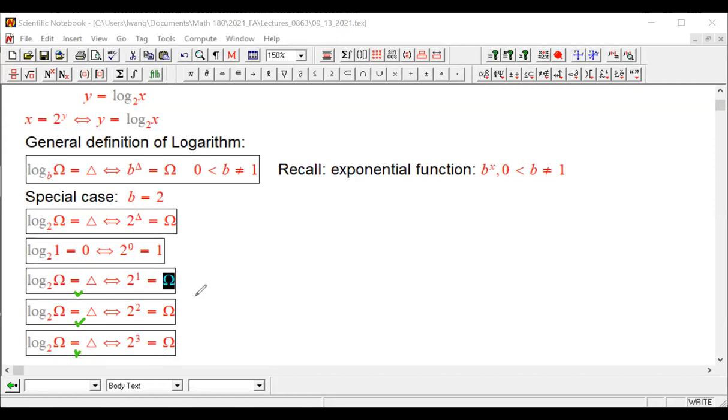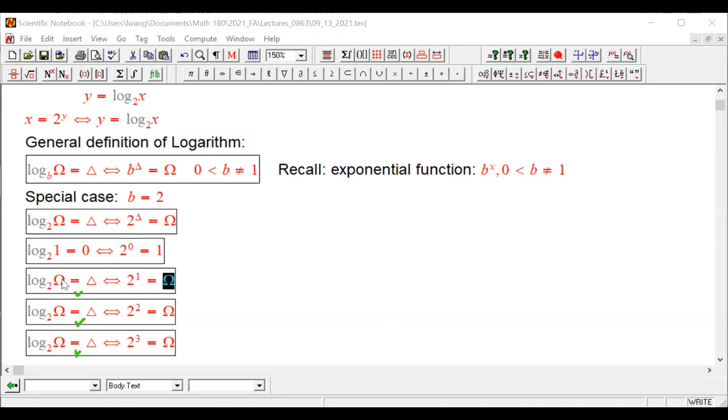Okay, tell me what that logarithm does for you. Would the first one be log base 2 of 2 equal 1? Perfect.